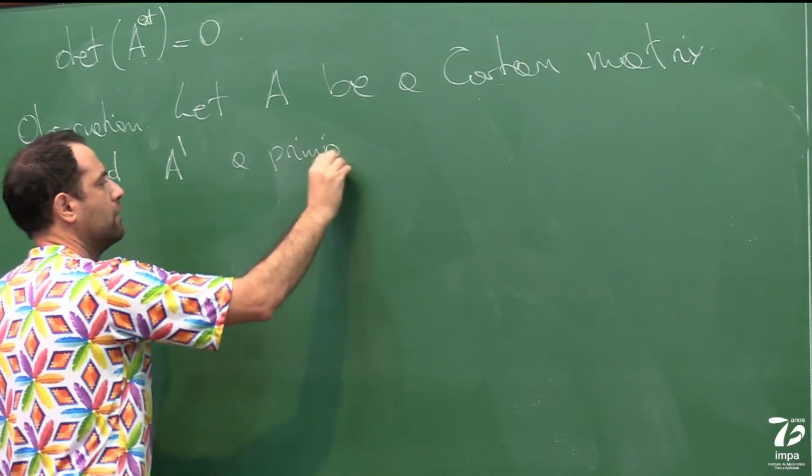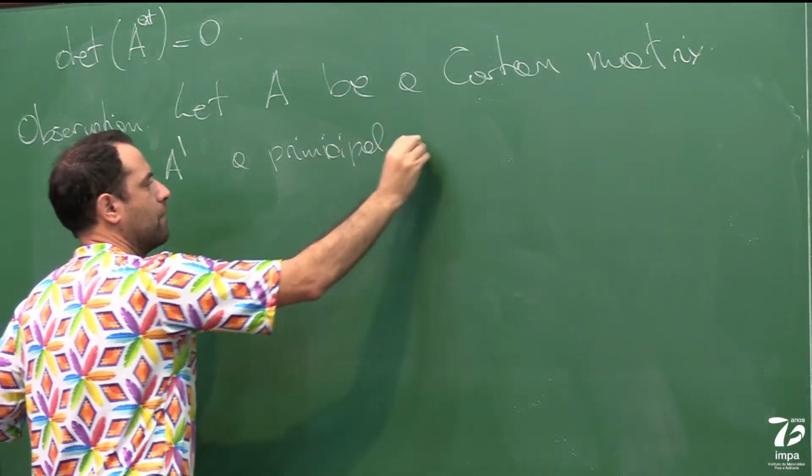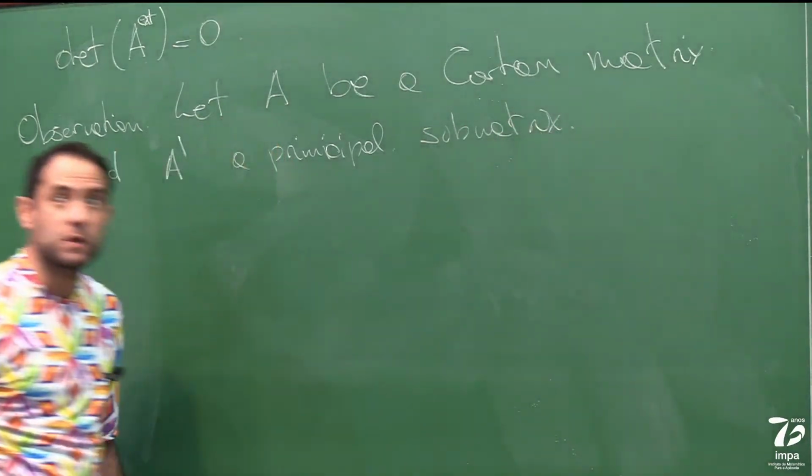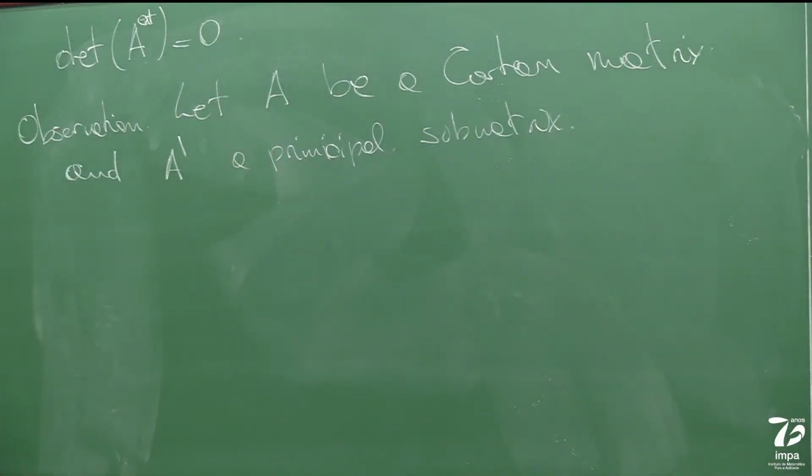So a principal submatrix. By this I mean choose r rows and the corresponding r columns, and that determines an r by r submatrix of A. Then this guy is also a Cartan matrix.